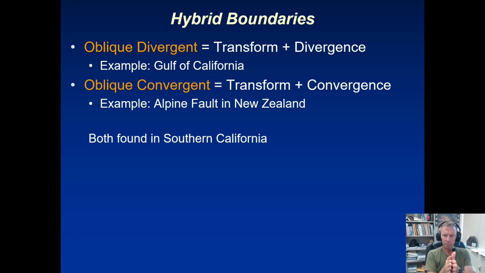Plates can move past each other, like transform plate boundaries horizontally, but also move a little bit apart. So there can be components of both divergence and transform motion that happen together. It stands to reason that you can have a little bit of both. Similarly, you might have transform motion, but a little bit of convergence where the plates are moving towards each other. And so that's important because that sets up some of the interesting landforms that we see in some of these locations.